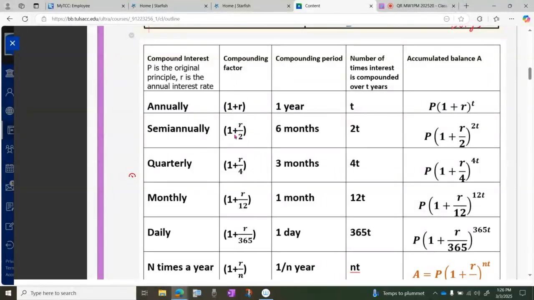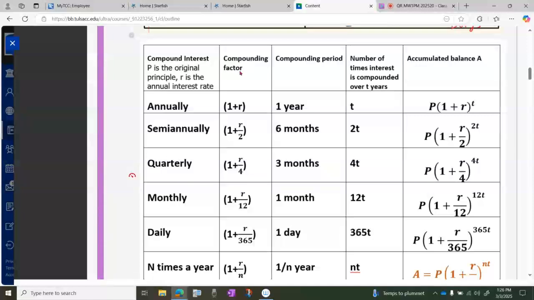So the compounding factor is always 1 plus a rate. In the case of interest compounded semi-annually, it is 1 plus the semi-annual interest rate. In the case of interest compounded 4 times a year, quarterly, it is 1 plus the quarterly interest rate, and R, still the annual interest rate, divided by 4 is the quarterly interest rate.